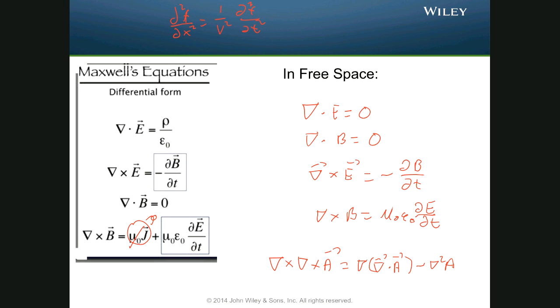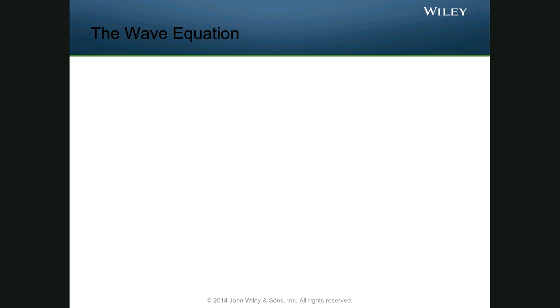All right? So these are Maxwell's equations in free space, and what we're going to do is derive our wave equation, and I'll show you how this goes. Let's write them a little smaller. In free space: del dot B equals 0. Del dot E equals 0.